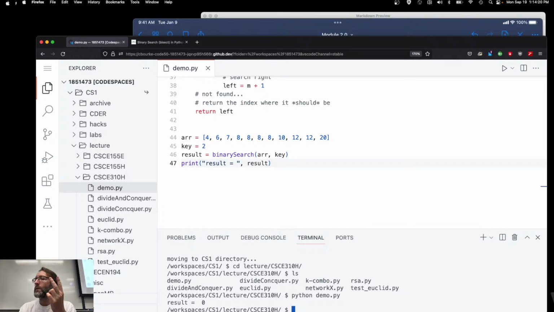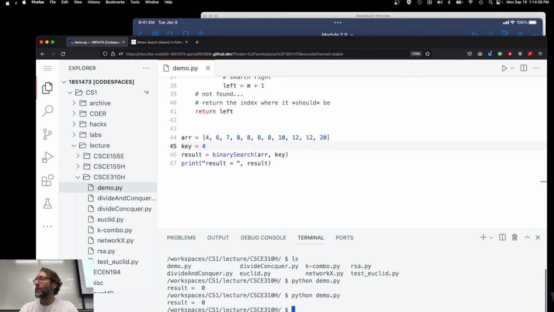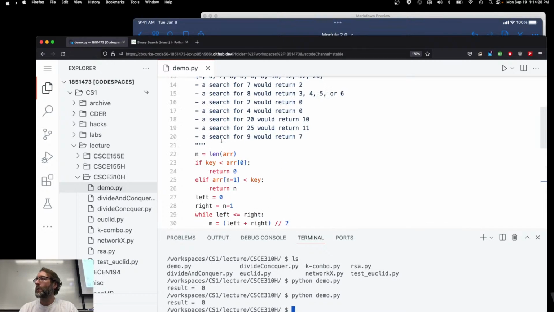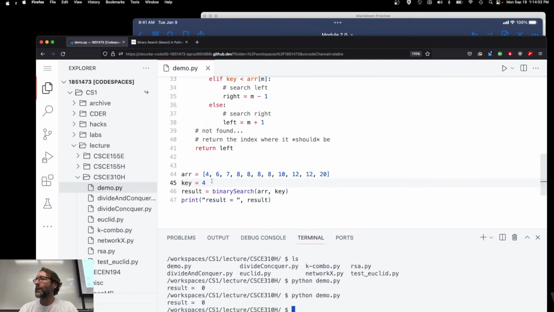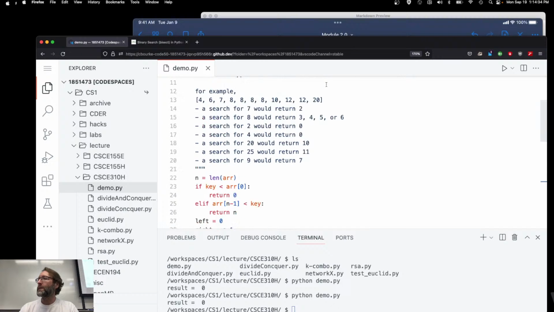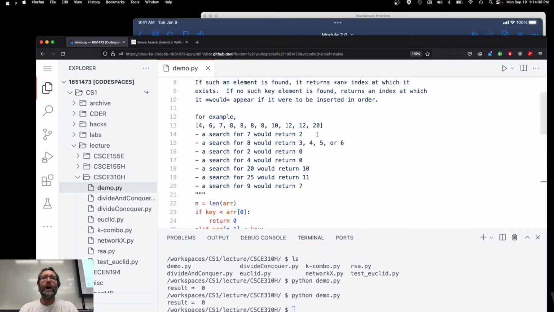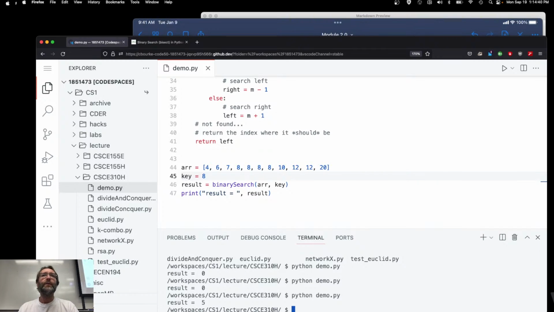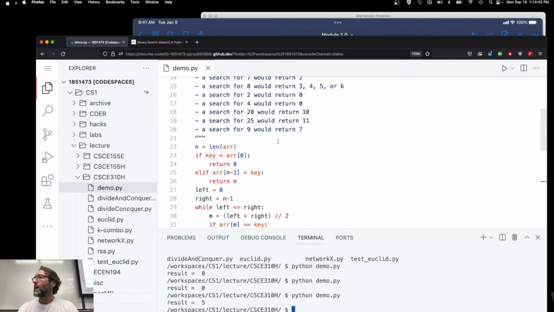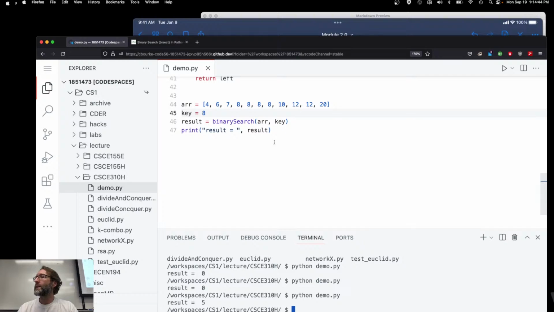So what was our expectation for a key of 2? Should be 0. Good. What about a key of 4? Also 0. What else? 8. Our expectation there would be 3, 4, 5, or 6. Okay, 5. That's good enough. What about another one? 20 would be 10.